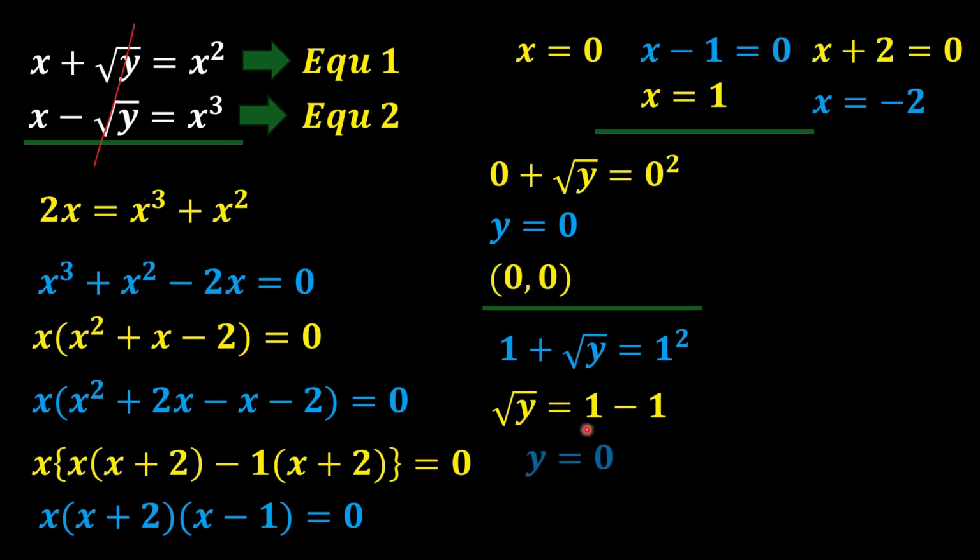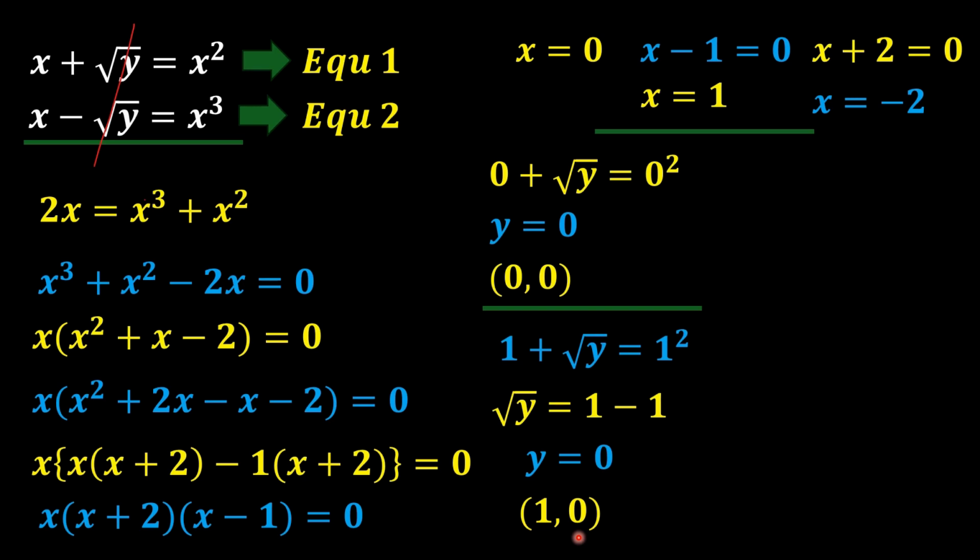After solving this whole equation, we should get y is equal to 0, because this 1 and this 1 will cancel out together and we will get 0. If we apply squaring on both sides of the equation, y will be 0. So here we get another ordered pair for this equation, which is 1, 0. It means that when we have a value of x equal to 1, we will get the value of y equal to 0.